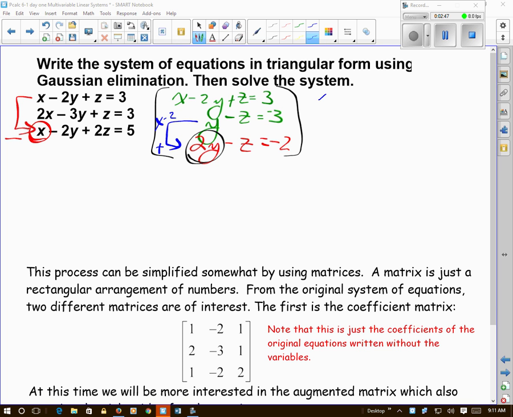So first equation just staying the same, x minus 2y plus z is 3. Second equation staying the same, y minus z is -3. And now for the third one, so we're taking the y times -2. So it's -2y plus 2y is 0y for that spot.